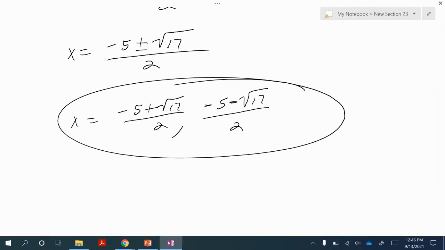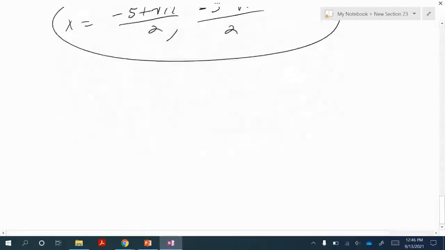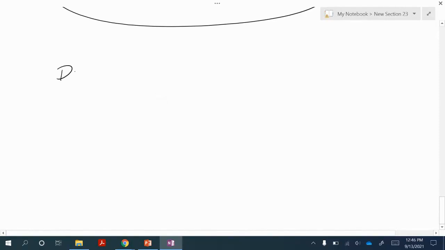And lastly, we're going to talk about something called the discriminant. It tells us how many solutions a quadratic equation could have. Okay.